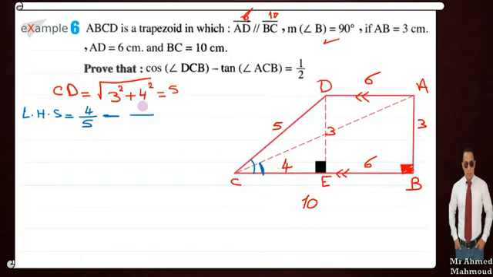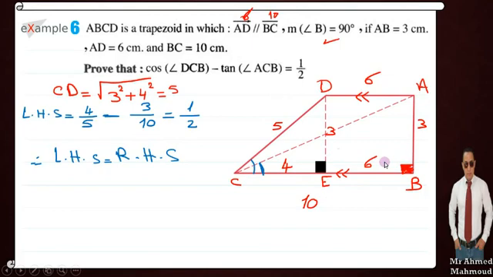Then it will be 3 over 10. Here 4 over 5 minus 3 over 10. By using your calculator, it will be half. Therefore, the left hand side equals the right hand side. About 80% of the question depends on the figure.